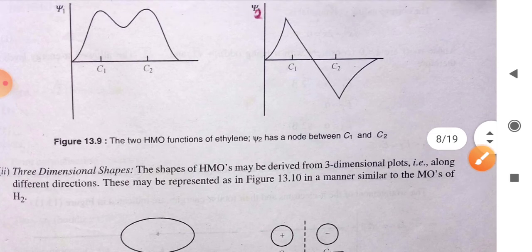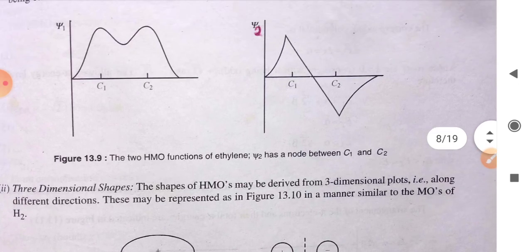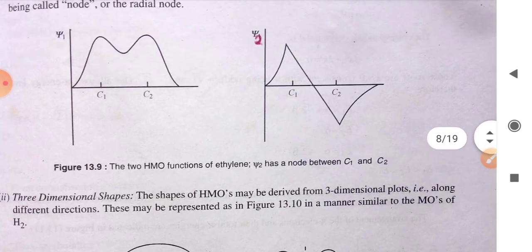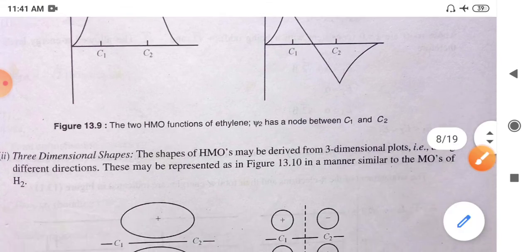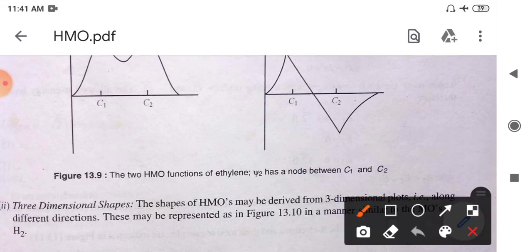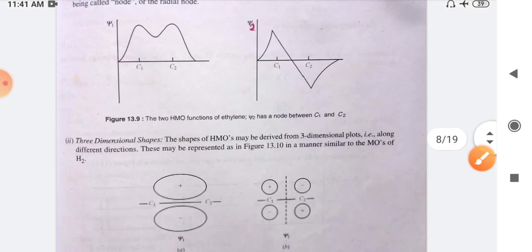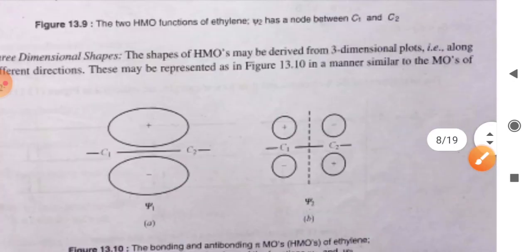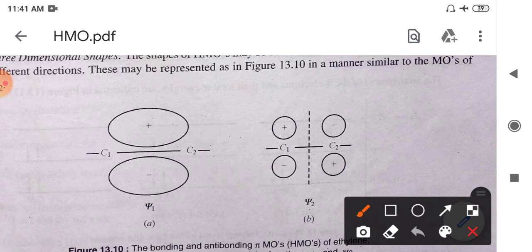So if you want to plot the three-dimensional shape of the given orbitals, this positive or negative sign here only indicates the probability. Probability is maximum, probability is minimum. If there is a positive sign, it simply means there is a maximum probability of finding the given electron, and a negative sign indicates the minimum probability.